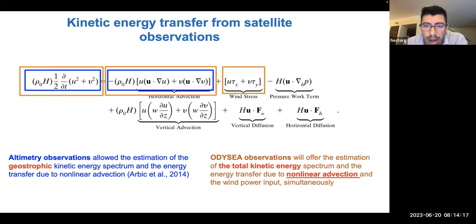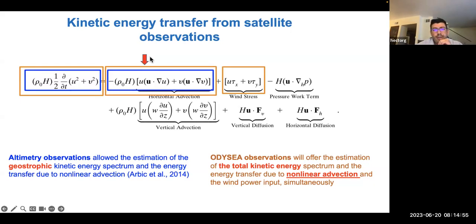And from numerical models, we know that the ageostrophic component is the one in charge of driving the direct kinetic energy cascade. Plus we have the wind stress. So we are able to resolve most terms in the kinetic energy equation. So this is an opportunity to address the kinetic energy fluxes across the interface, but also how the kinetic energy is distributed across oceanic motions. So this is the topic today.